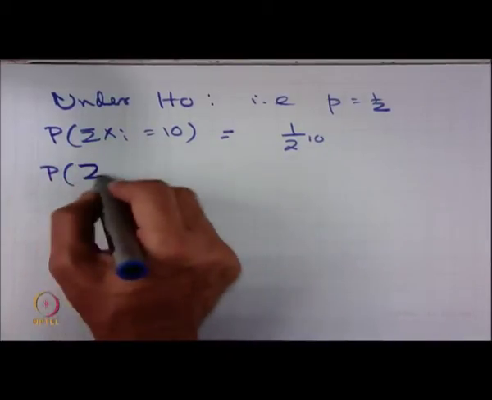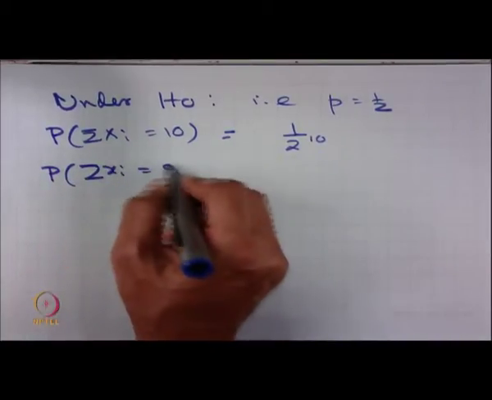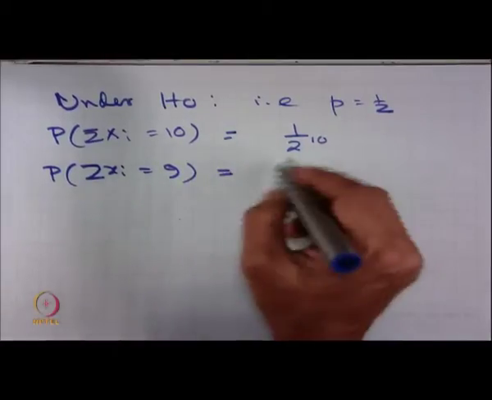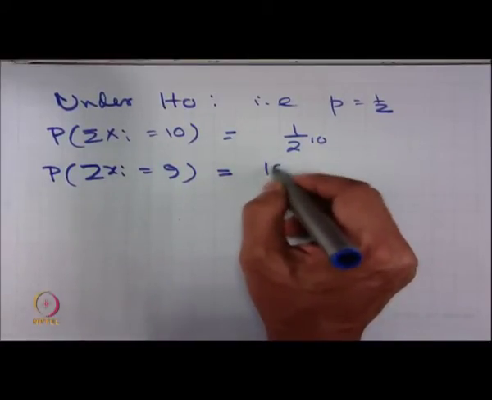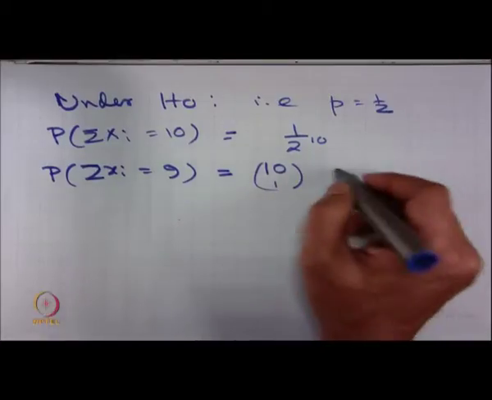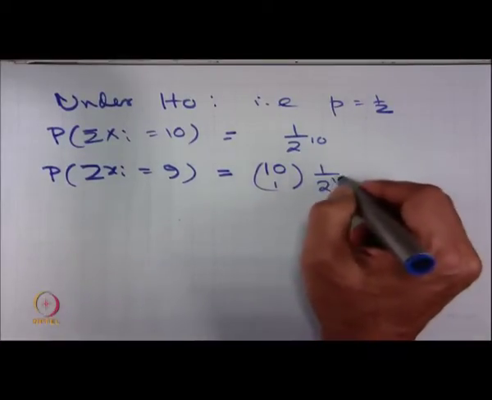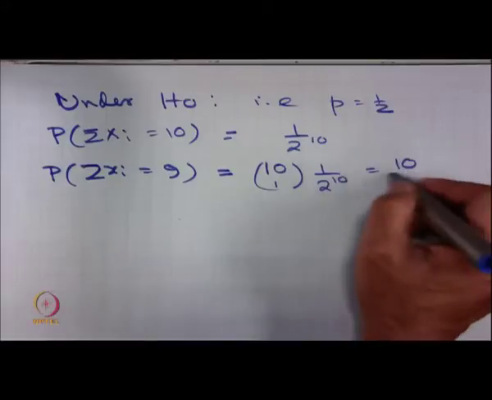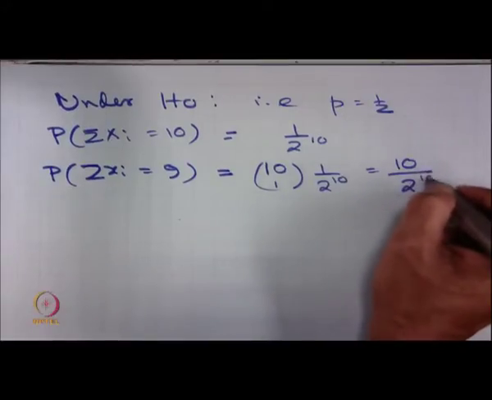Probability sigma xi is equal to 9 is equal to 10C1 (1/2)^10, which is 10 divided by 2^10.